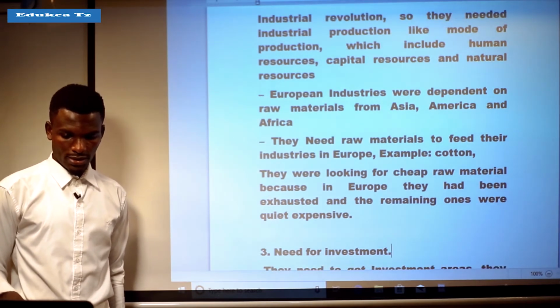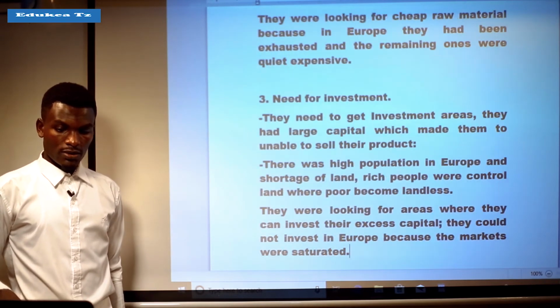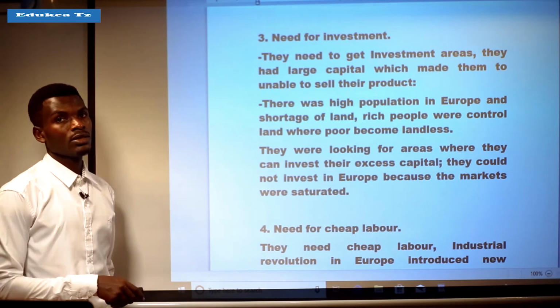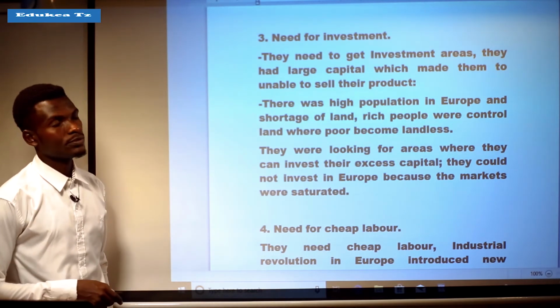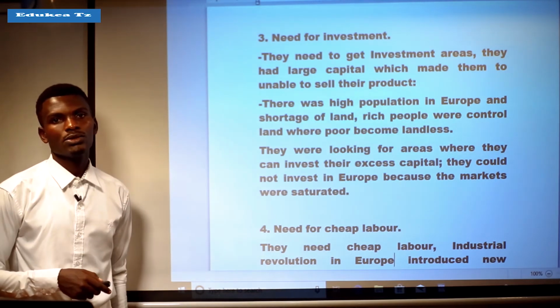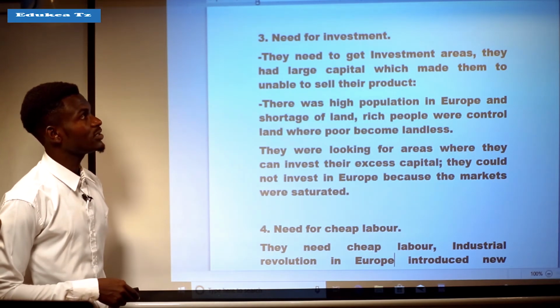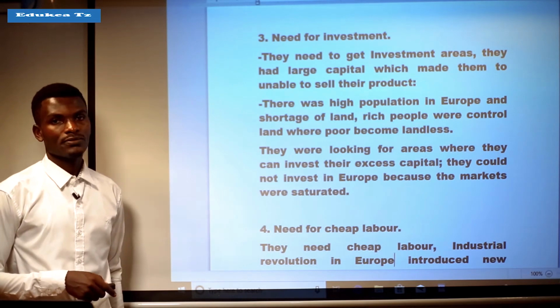So that's why they decided to come to Africa and introduce the colonial economy in order to get the raw materials for their industries.